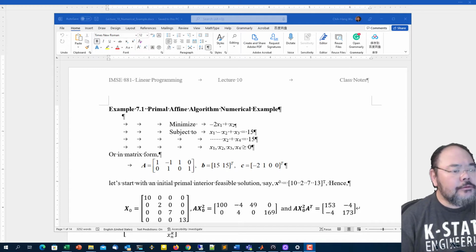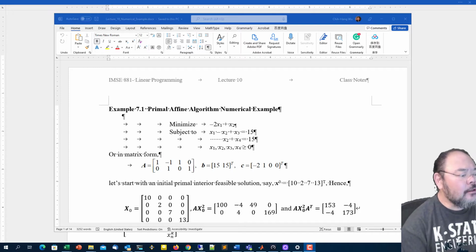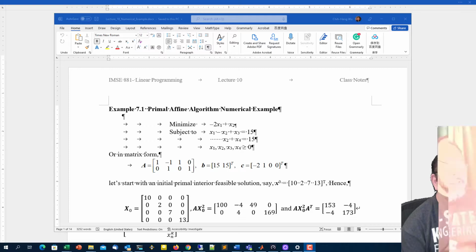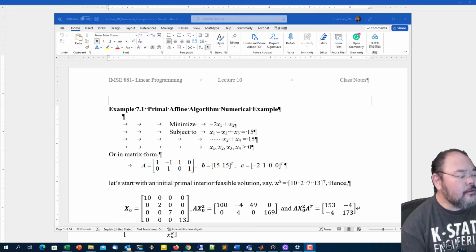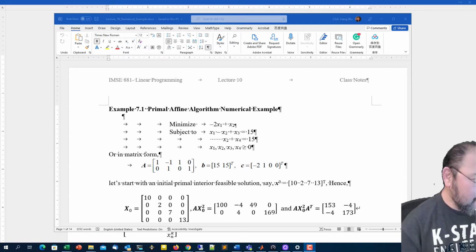Today we're going to talk about some numerical examples for the primal affine algorithm and also the dual affine algorithm. Let's look at the primal affine algorithm first. This is a document on Canvas, the lecture 10 numerical example document.